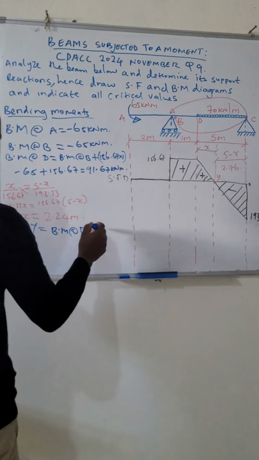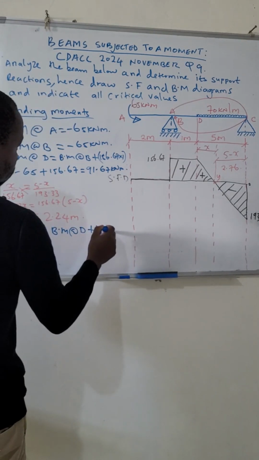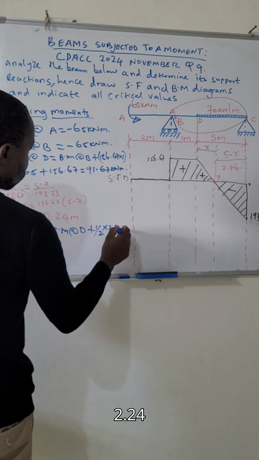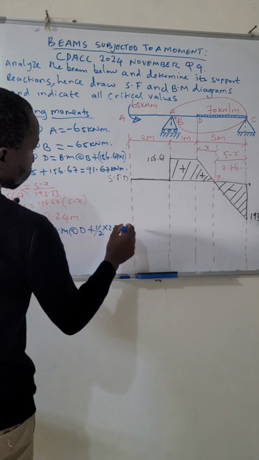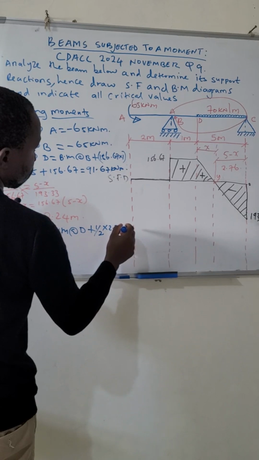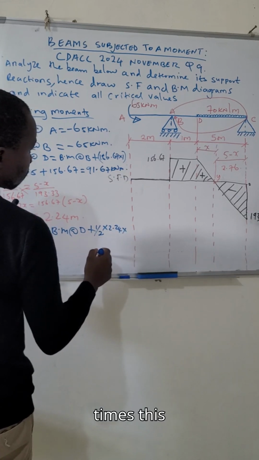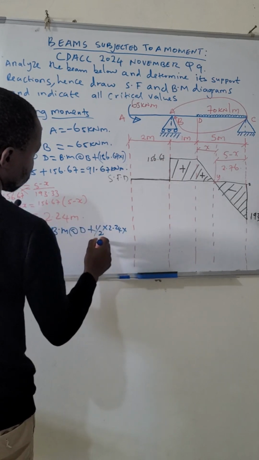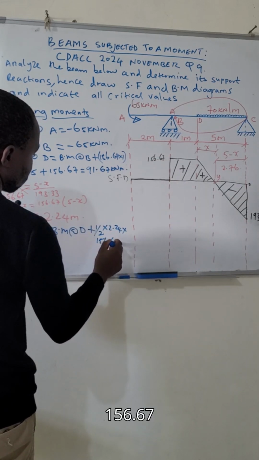So it will be a half times 2.24 times this distance, height 156.67.